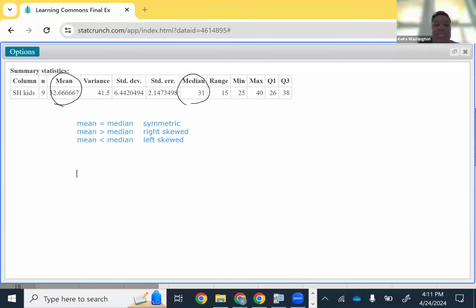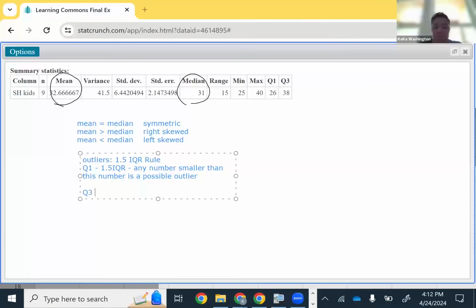All right, now the next thing is, do we have any possible outliers? Okay, so for outliers, remember we use the 1.5 IQR rule. And that rule says you're going to take your first quartile, subtract 1.5 IQRs, and any number that is smaller than this number is a possible outlier.